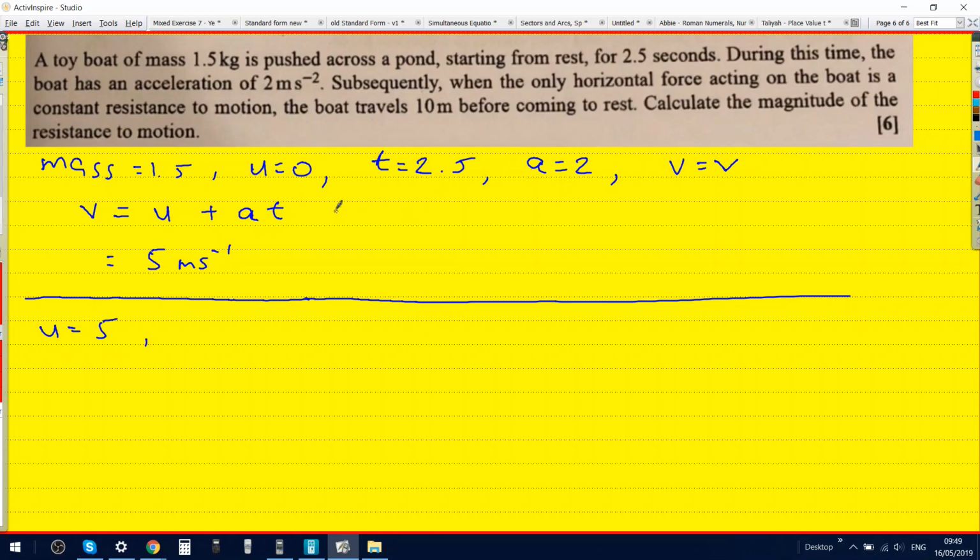Let's do F = ma and find out what that is. So 1.5 times 2, that's 3 newtons.